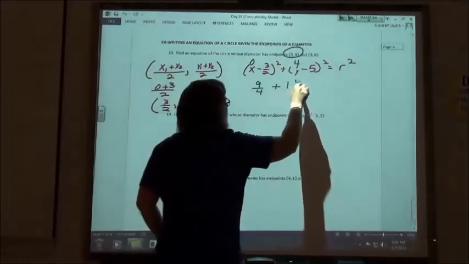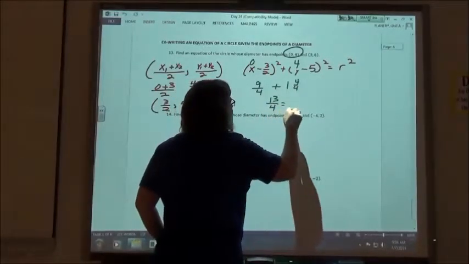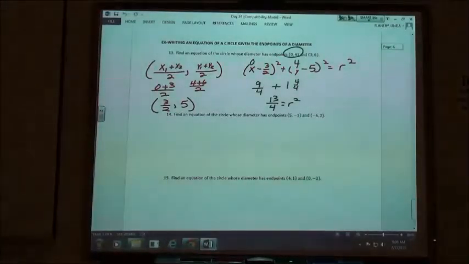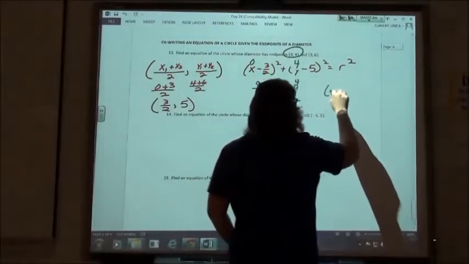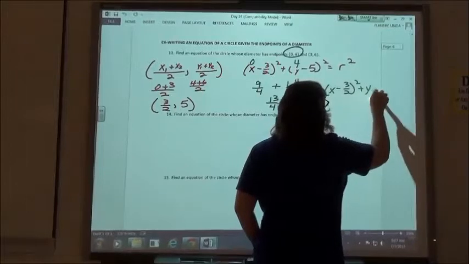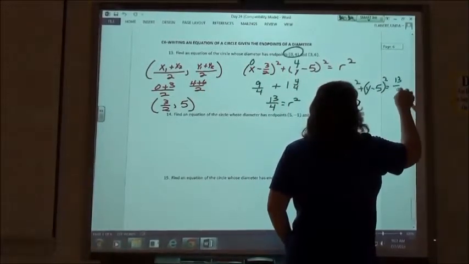So that would be 4 fourths plus 9 fourths, which would give me 13 fourths for r². And so then my equation, (x - 3/2)² + (y - 5)² = 13/4.